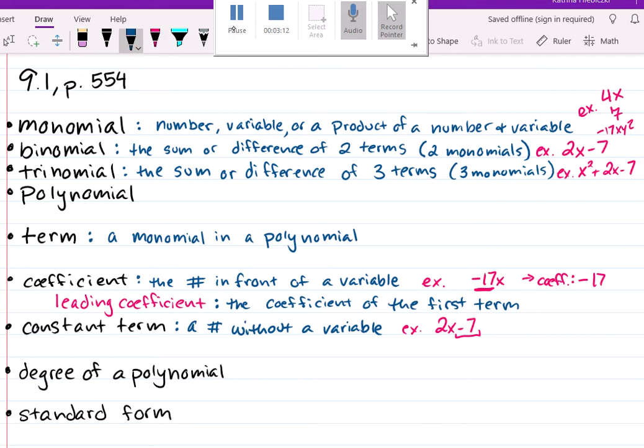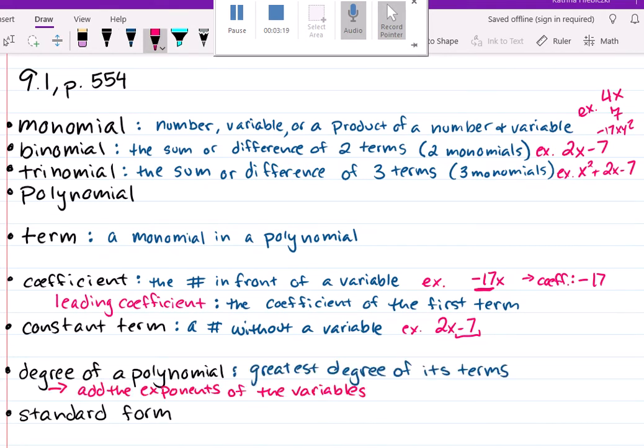The degree of a polynomial is the greatest degree of its terms. In order to find the degree of a polynomial, you take the degree of every single term, adding the exponents of the variables.